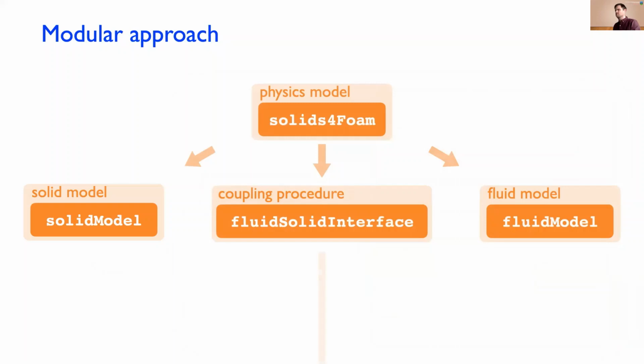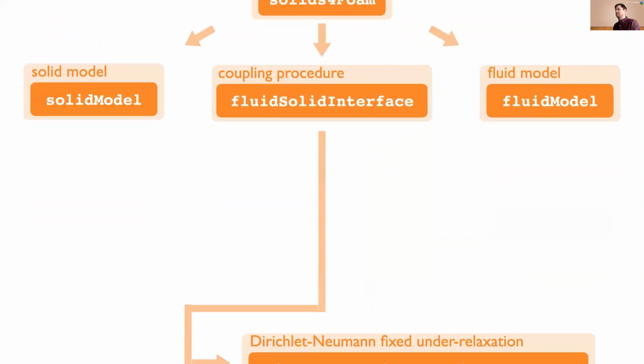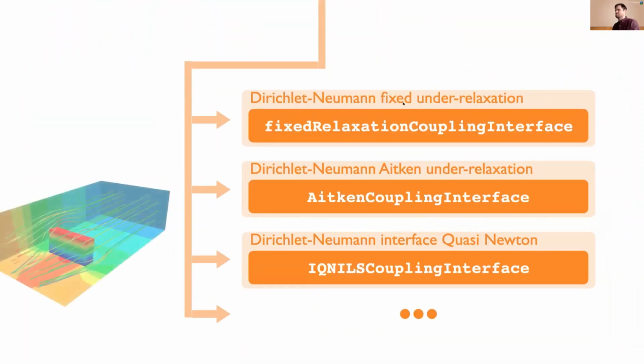And then we have the coupling procedure, fluid-solid interface, we call it. We've a couple of different methods implemented. So this IQNILS stands for inverse quasi-Newton inverse least squares. So this is probably the state-of-the-art method in literature, from talking to the original author of it, and also talking to the guys in the preCICE toolbox, which is a coupling toolbox.